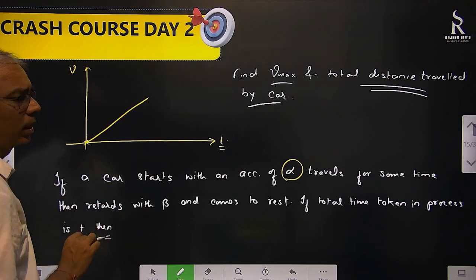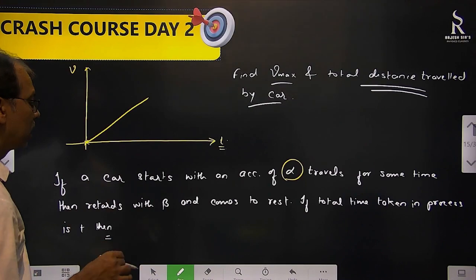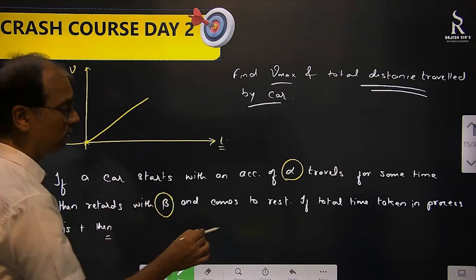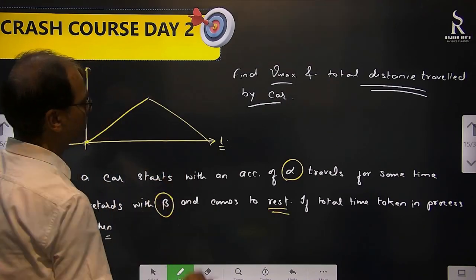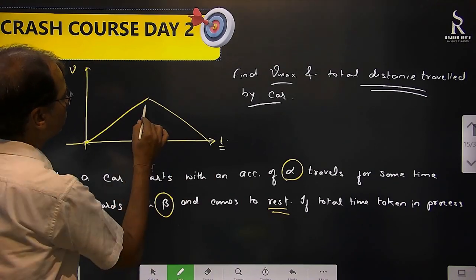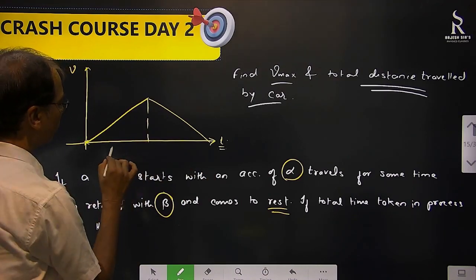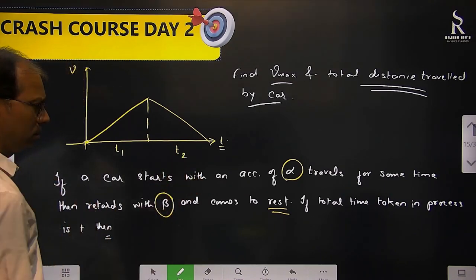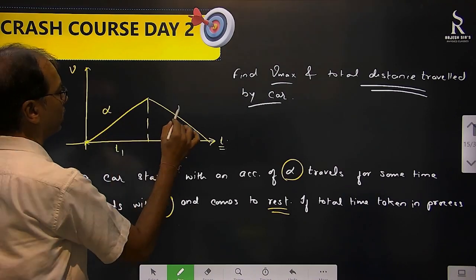Then after some time it starts retarding, again with a constant retardation. So again it's a straight line and final velocity should be 0. Then the graph is over. Now assume that this is acceleration, this is retardation. Assume this is up to time t1, and this is time t2. Acceleration here is alpha, here retardation is beta.